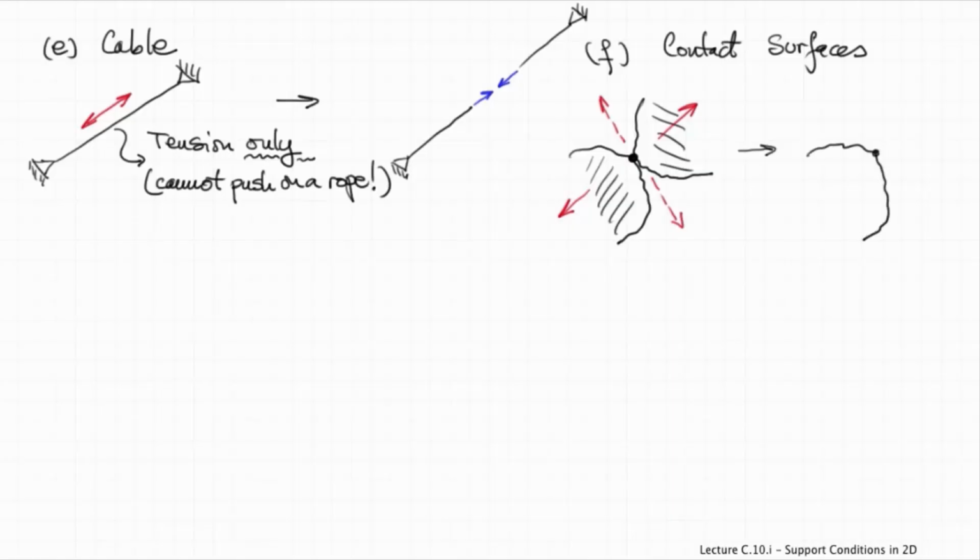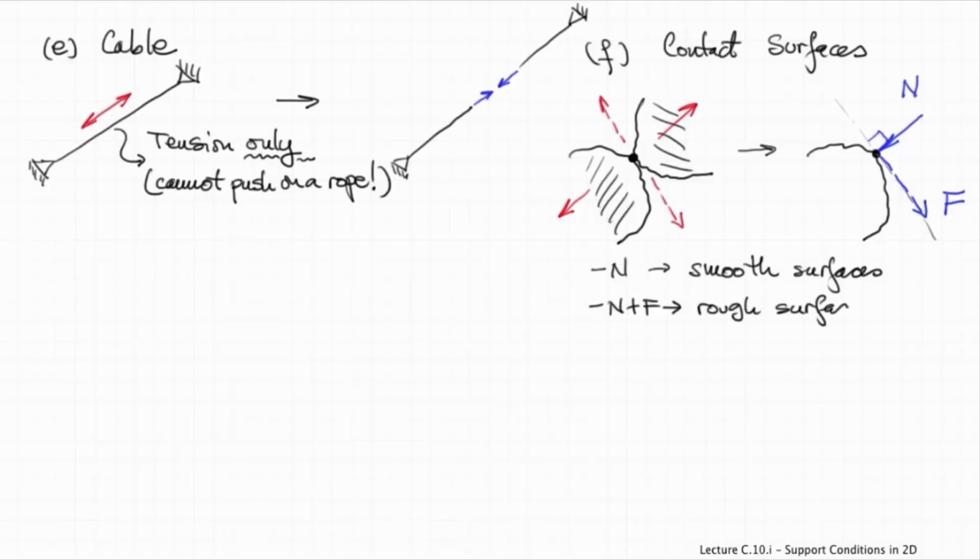So now if you were to separate the bodies and draw the free body diagram, say of the left hand body, then you have to replace the other body with a normal force, which is perpendicular again to the common tangent, and that force is always there. And with sometimes a friction force, which runs along the common tangent, and then you'll have both the normal force and the friction force if the surfaces are rough, so if there's friction present.